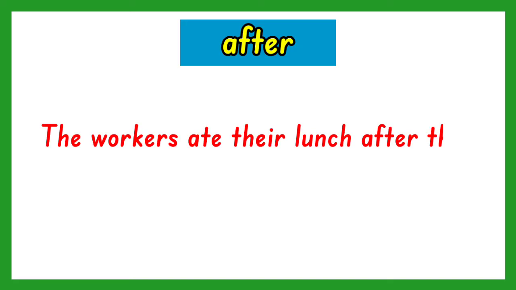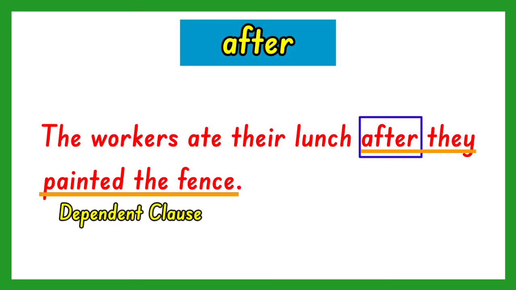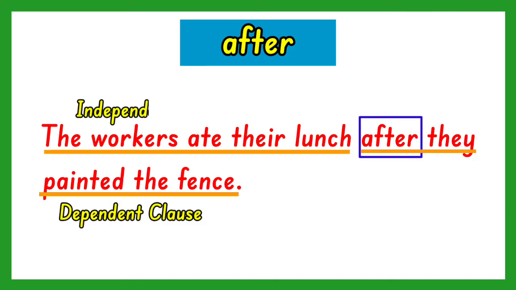Let us have the subordinating conjunction after. The workers ate their lunch after they painted the fence. Through the help of the conjunction after, it's easier for us to tell that after they painted the fence is the dependent clause, and the independent clause is the workers ate their lunch.